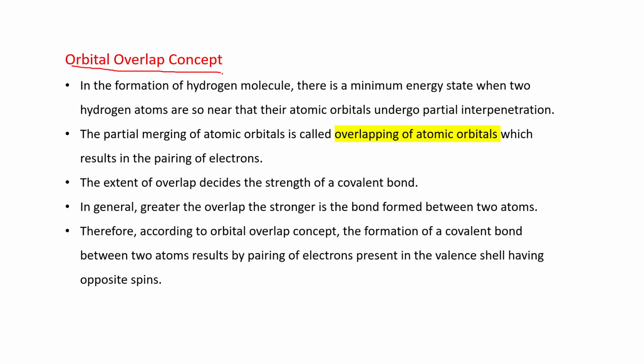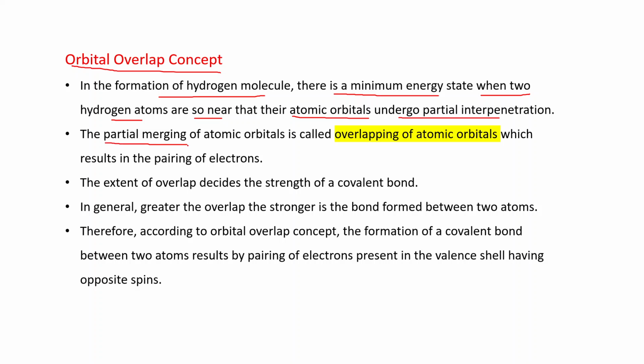In the previous video, we discussed the formation of the hydrogen molecule by valence bond theory. In the formation of the hydrogen molecule, there is a minimum energy state when two hydrogen atoms are so near that their atomic orbitals undergo partial interpenetration.